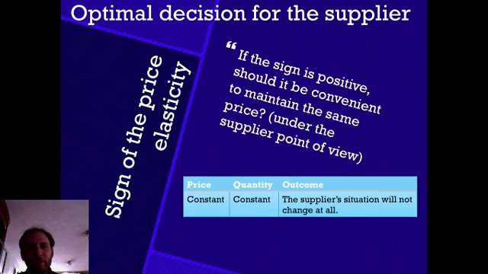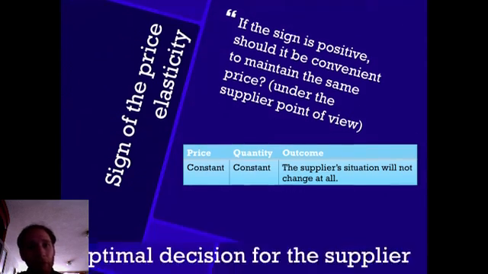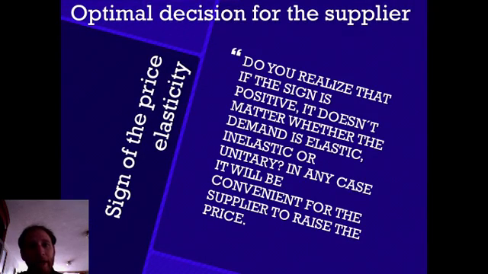So for luxury goods in this particular market, this might happen. We might have positive elasticity, but it's not common. So the most common thing is to have a negative elasticity. So do you realize that if the sign is positive, it doesn't matter whether the demand is elastic, inelastic, unitary, it is positive.